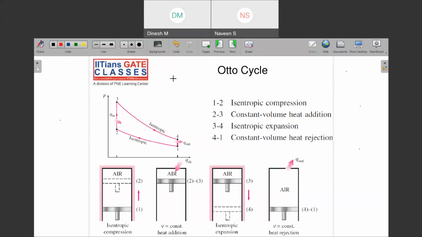So what we are going to work upon is gas standard cycles. First, we'll simply see a few cycles upon which various devices work, right?